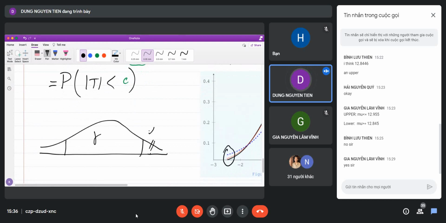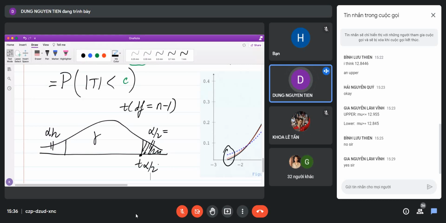You have two tails, alpha over 2 here and alpha over 2 over there. You are using the t distribution with degree of freedom n-1, where n is the number of observations. Then you can determine this point, denoted by t alpha over 2, which is the value such that the area to the right is alpha over 2.